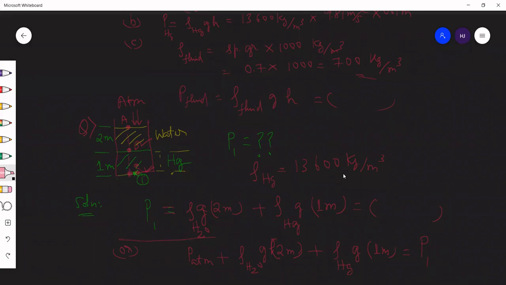Let me find. So this equation also same, but I told you that in most of the engineering applications, we are interested in gauge pressure. I'm not interested in absolute pressure. Absolute pressure is simply adding of atmosphere. So what you do, you make this as 0. I'm not interested in something plus atmospheric. Okay, I'm only interested in what is the gauge pressure.